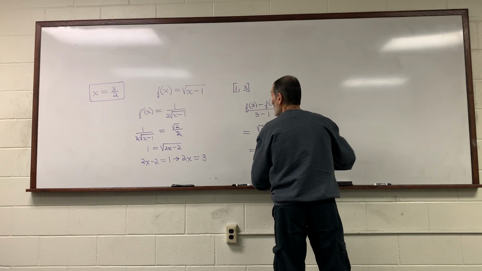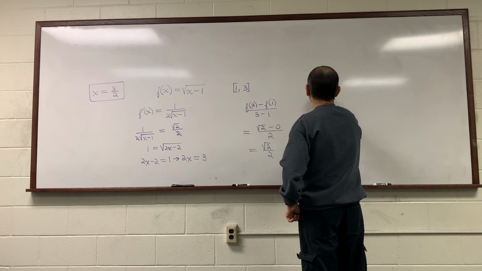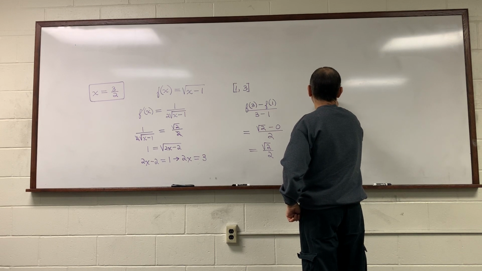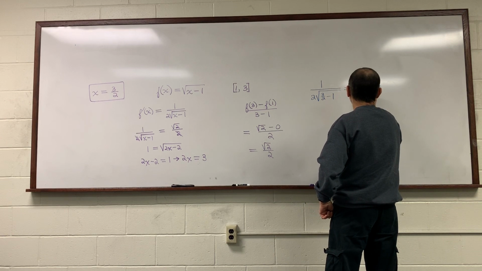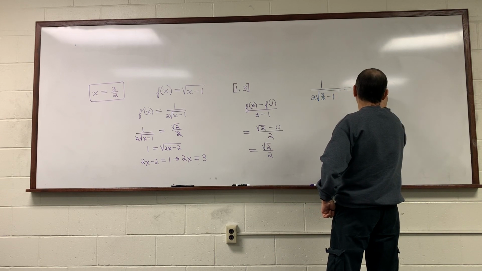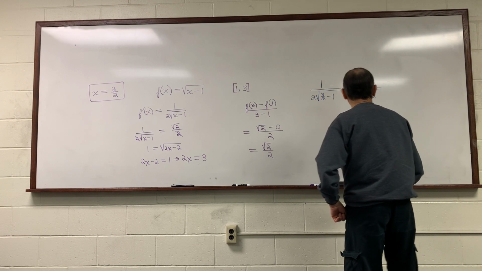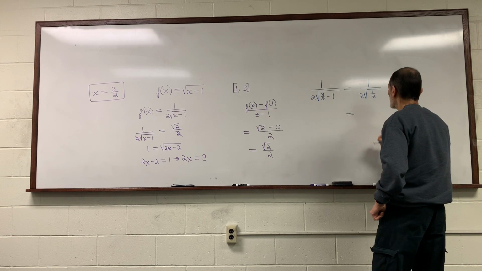Using x equals 3/2, 1 over 2 times the square root of 3/2 minus 1. Well, that would give us 1 over 2 times the square root of 1/2. The square root of 1/2 is 1 over the square root of 2.